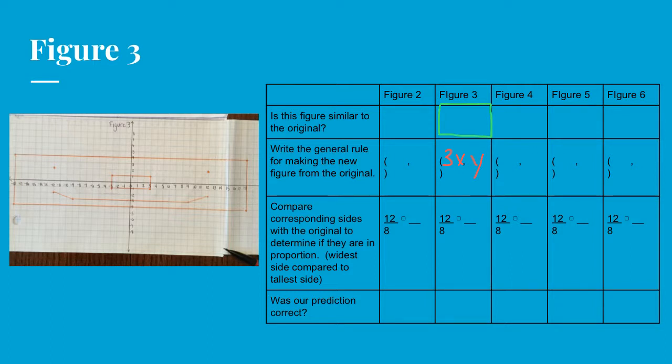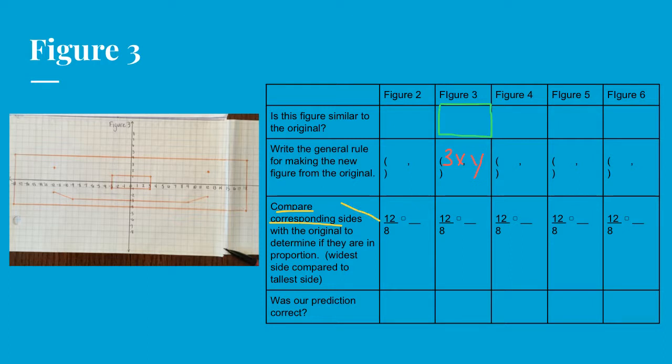So our general rule is we're going to triple the x-coordinate and we're going to leave the y-coordinate the same. Now just eyeballing my figure, it certainly looks like it's been stretched, sort of like silly putty, 3 times wider but got no taller.